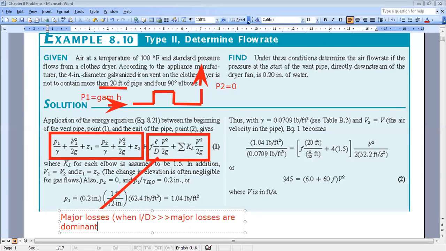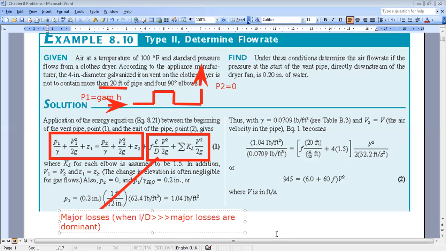Now in other cases, when they don't tell you that you can neglect minor losses, you should account for all accessories in your system that can lead to losses. So if you have an elbow, if you have a valve, if you have a certain bending angle, any fitting will induce minor losses, okay?